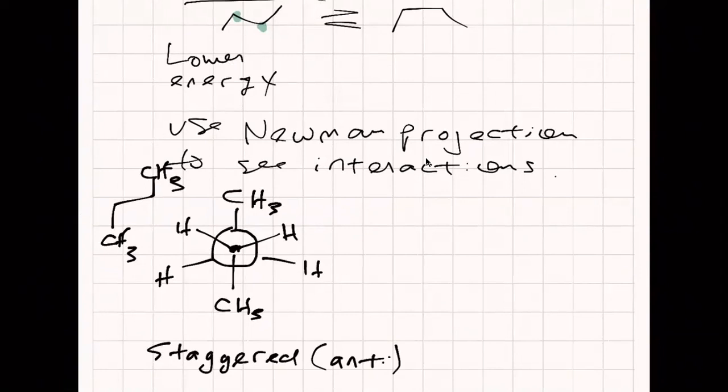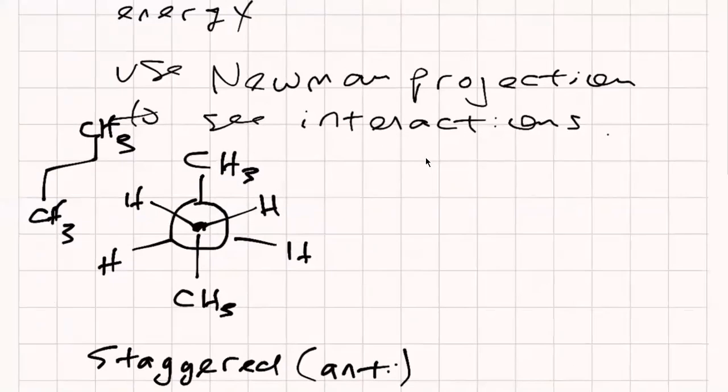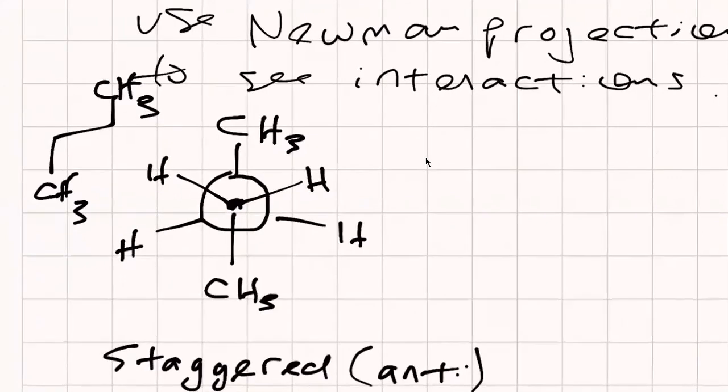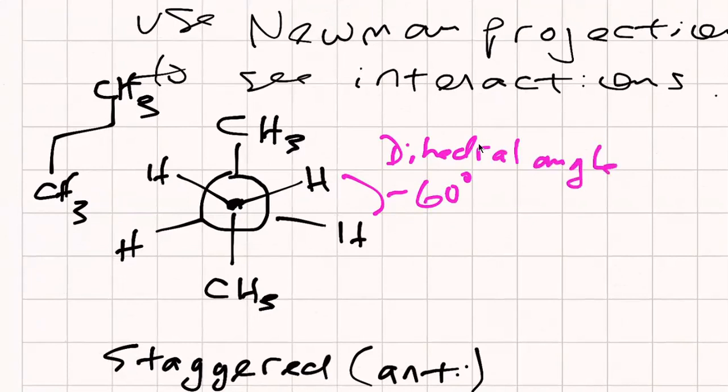There's another conformation, but before we do that, let's look a little bit deeper. The angle between the groups in a staggered conformation, the dihedral angle, is 60 degrees, in any staggered conformation.